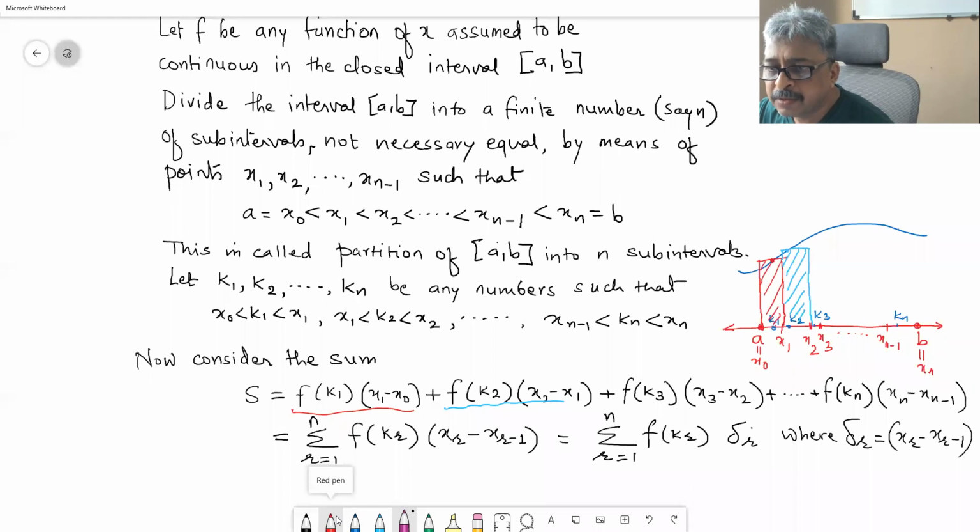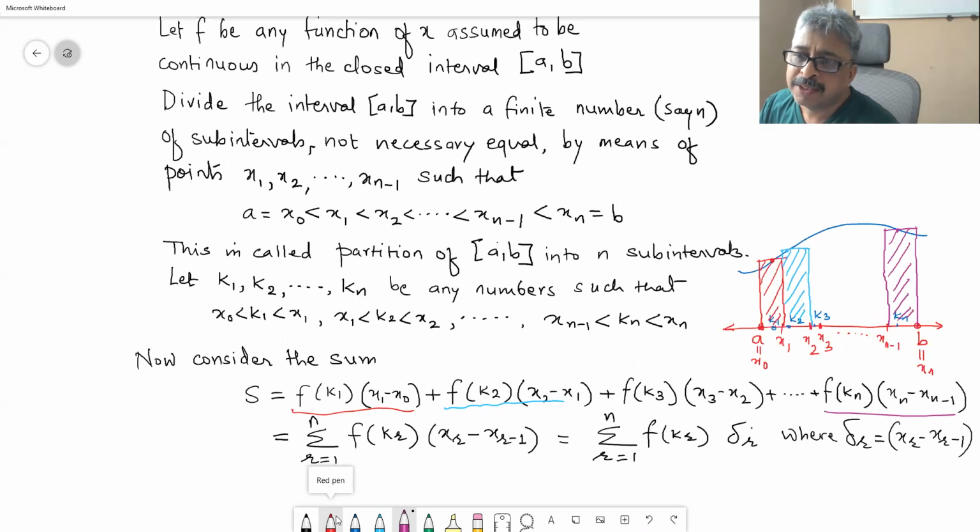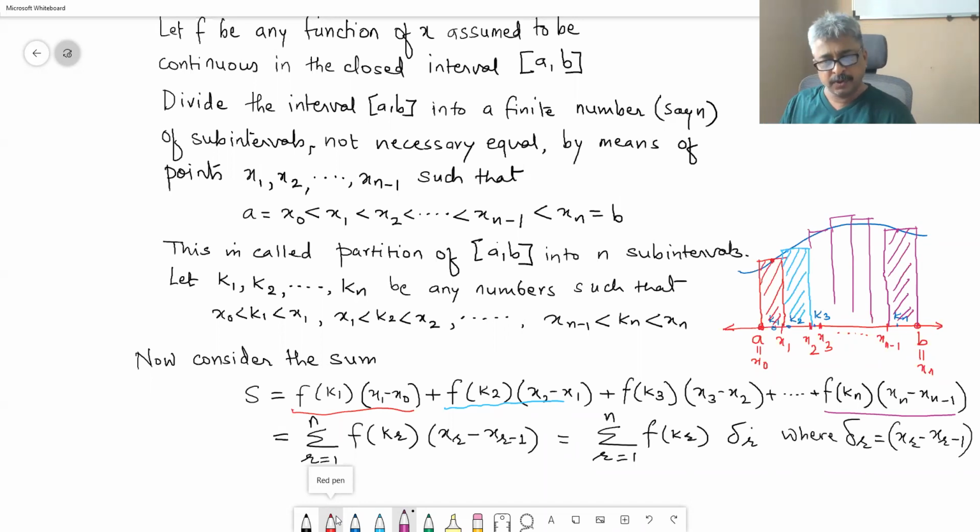Evaluate at kn multiplied by xn minus xn minus 1. This is our last term. And like this, there will be many rectangles in between, something like this.